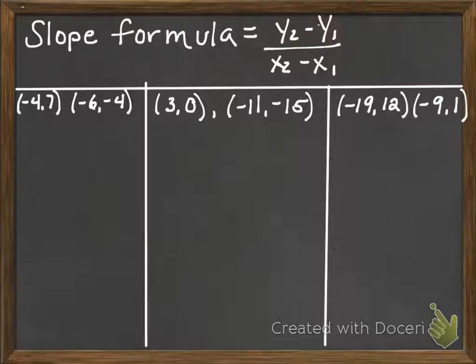So you'll see that I have some problems here that we're going to work through together in order to find our slope. So the first one that we're going to look at is we have the coordinates (-4, 7) and (-6, -4). So we're going to plug those into our slope formula, and that's going to tell us our slope, or our m.